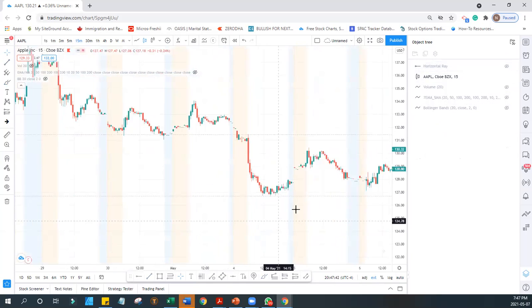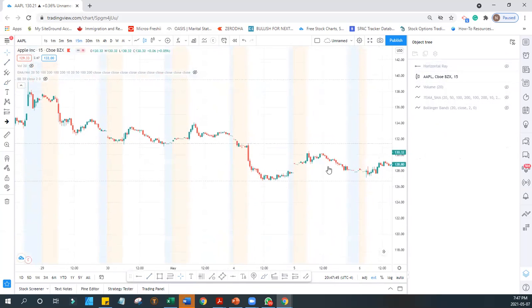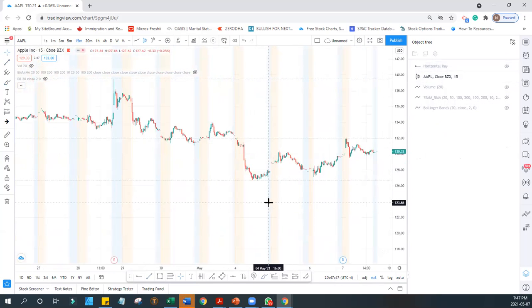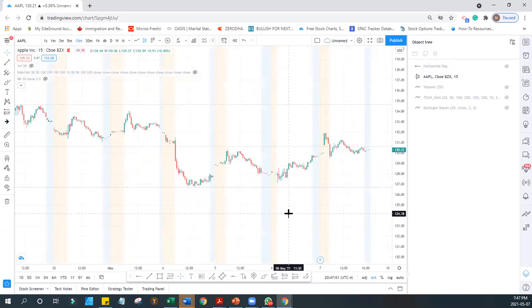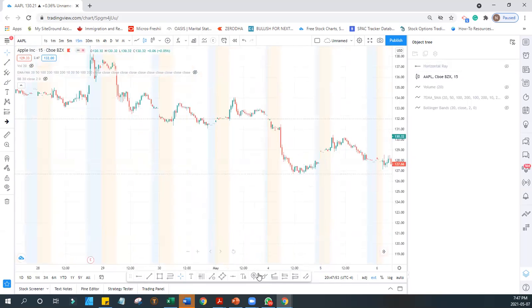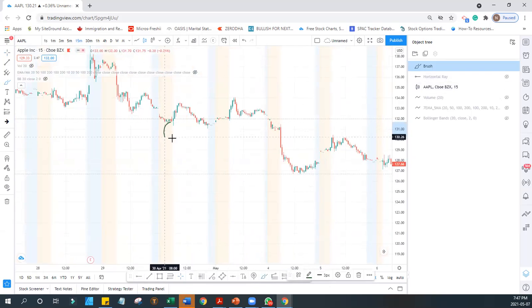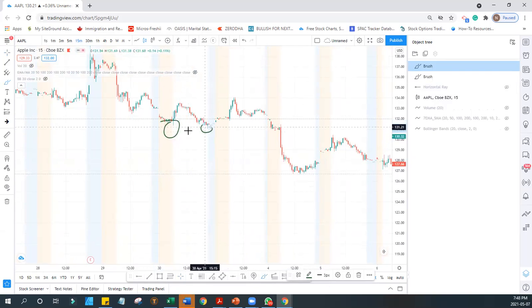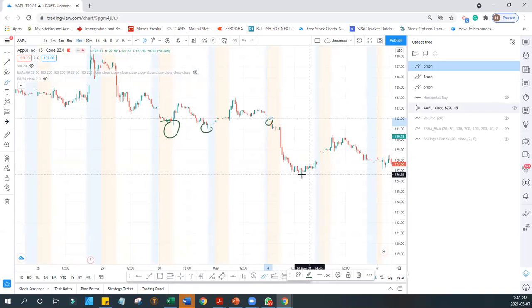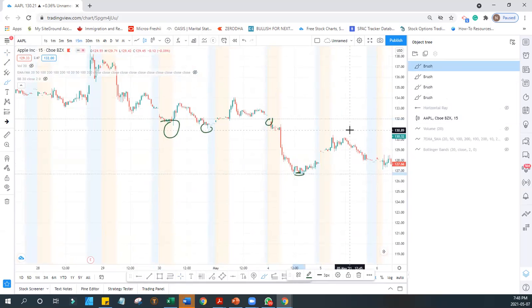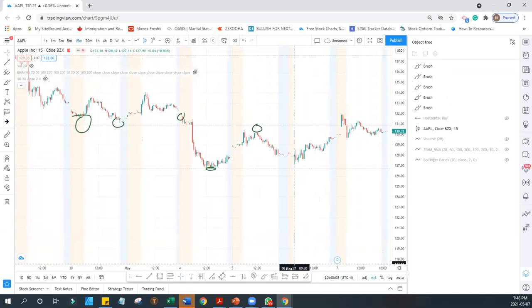No stock? Okay. Apple, everybody likes Apple, right? Now if you see here, I'm going to make a circle here. The price is coming to that point and not going further down, and when it goes further down, it takes a support here, but when it's coming back again, it faces a resistance at this point.